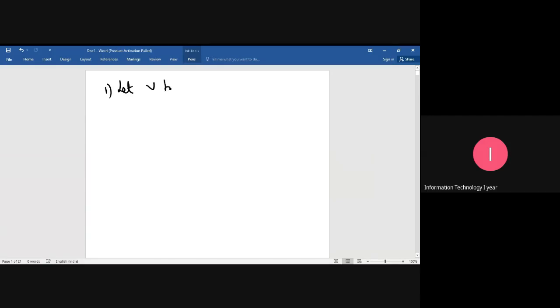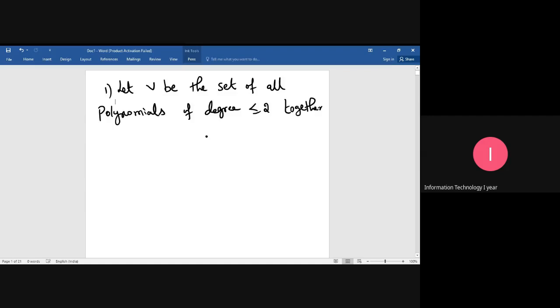Let V be the set of all polynomials of degree less than or equal to 2 together with the zero polynomial.